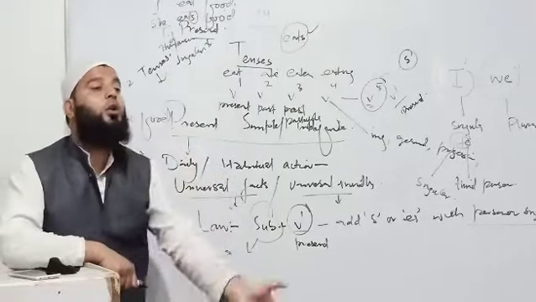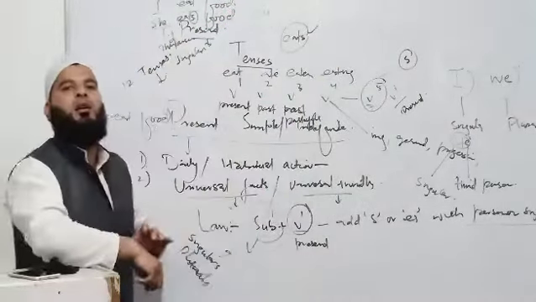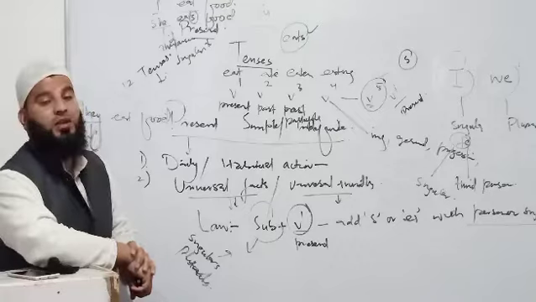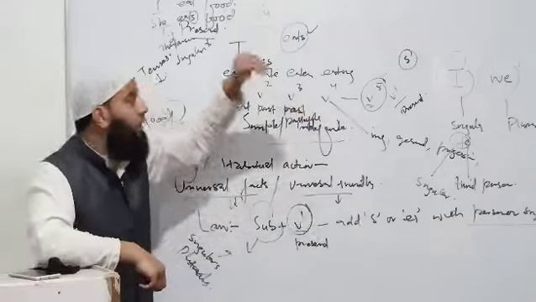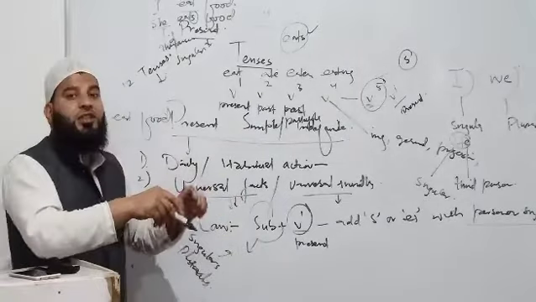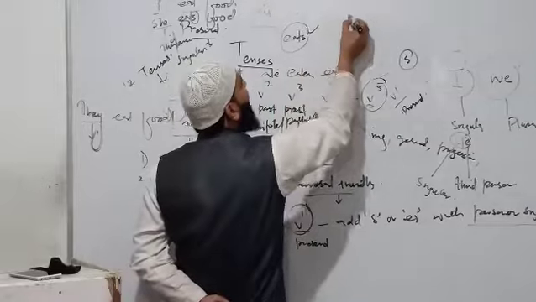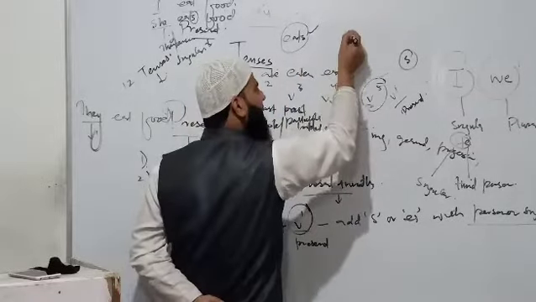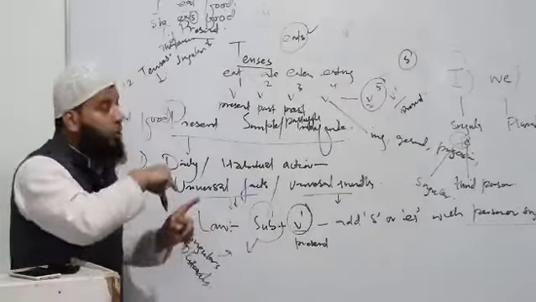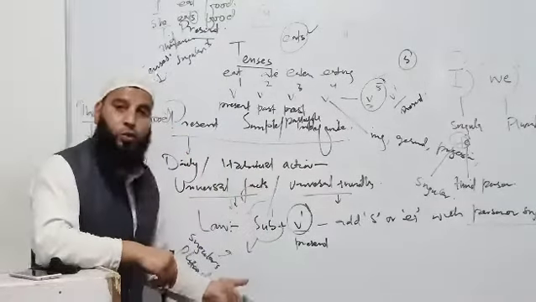If I say, you stand up, and the whole class stands up, it means you is used as plural. So you is used as singular as well as plural, but in the structure we use it without S or ES. We use V1 in present simple with you, but we do not attach S or ES.